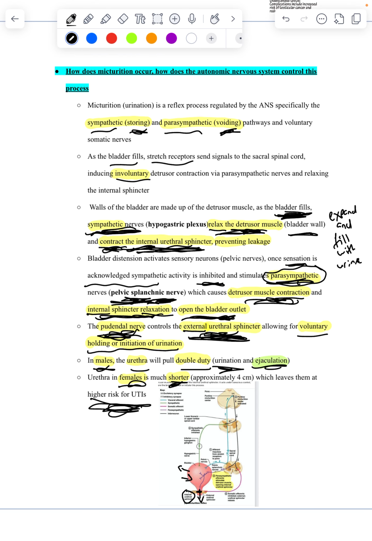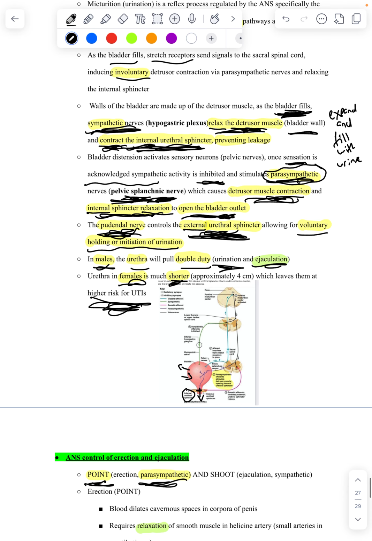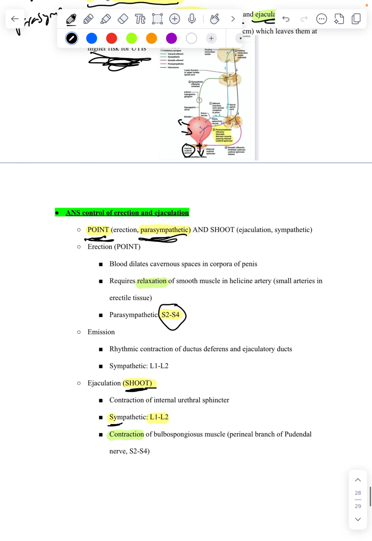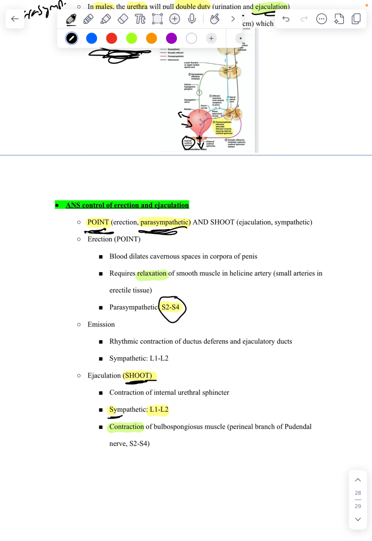Sorry for all the scribbling, whatever. But the pelvic splanchnics are the only splanchnics that are parasympathetic. So the pointing, or the actual erection part, is parasympathetic.